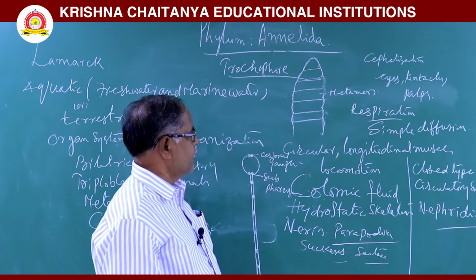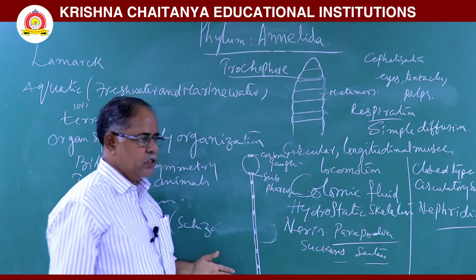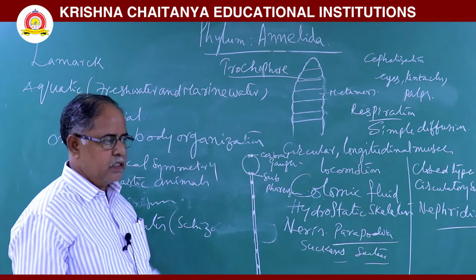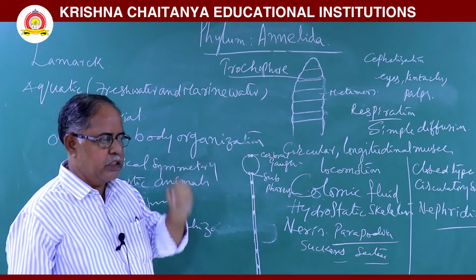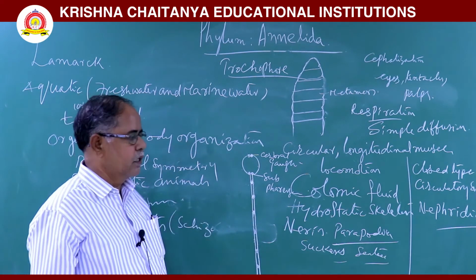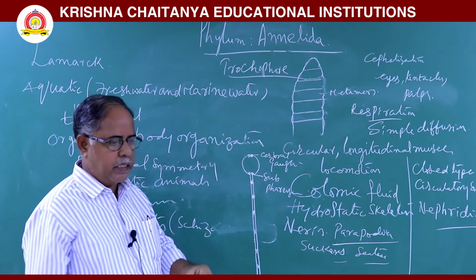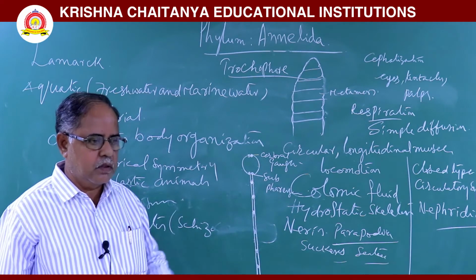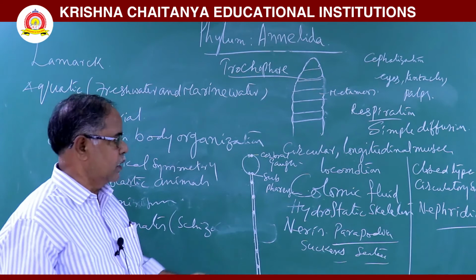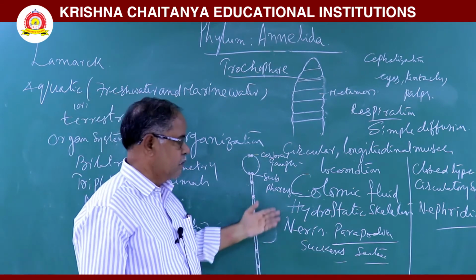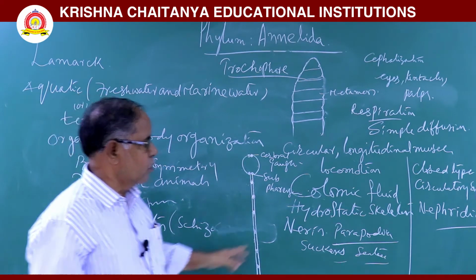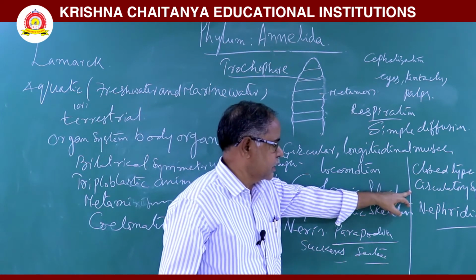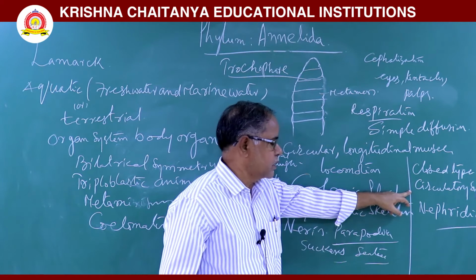Next, in this animal, the digestive system is well developed. In the digestive system, for the first time in the animal kingdom Animalia, digestive glands are formed. Next, respiration is done by simple diffusion through the body wall. In some, like Nereis, parapodia are used for respiration. In this animal, a closed type of circulatory system is seen.